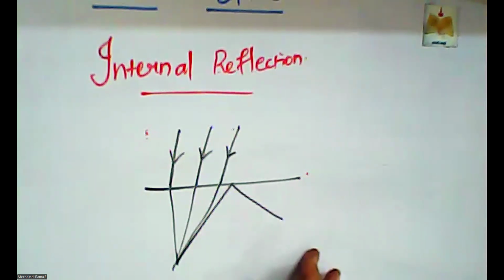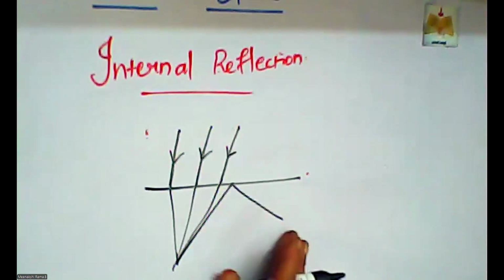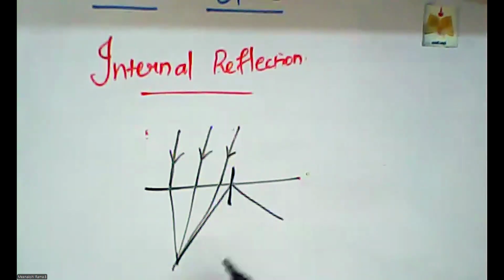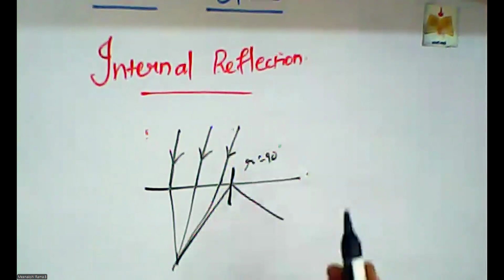The angle of refraction r is 90 degrees in this position, so this kind of reflection is called internal reflection. When light passes from denser to rarer medium and the angle of incidence increases, the angle of refraction also increases.